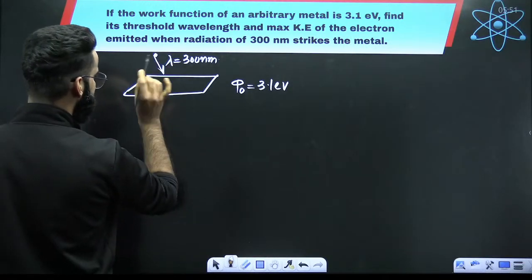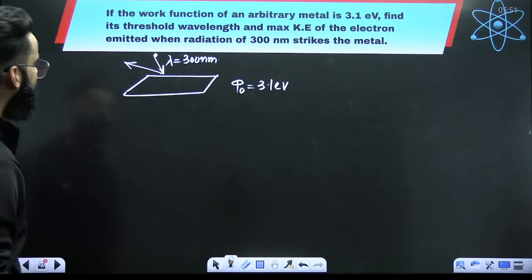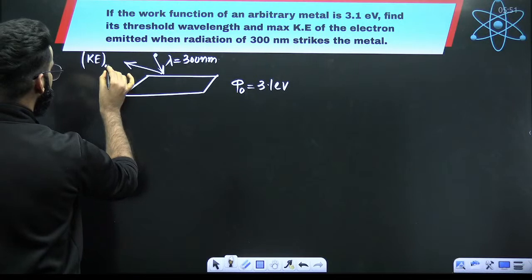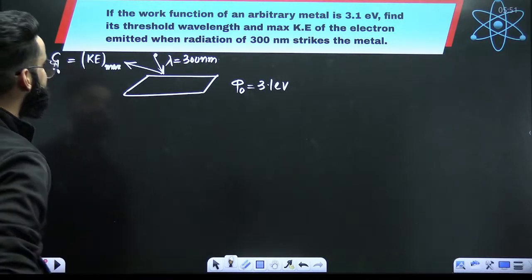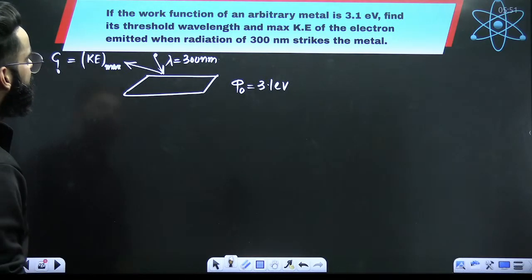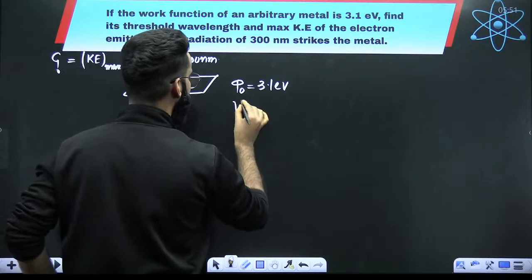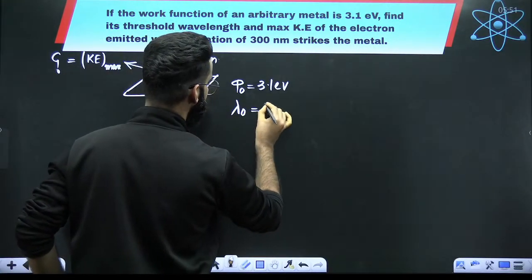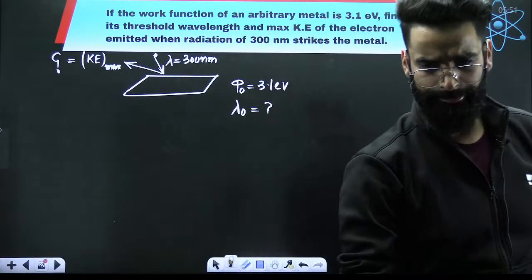When this light is falling on the surface, an electron is emitted. The electron will be emitted with some kinetic energy. We have to first of all calculate the maximum kinetic energy which the electron has. And at the same time, we have to calculate the threshold wavelength as well. Lambda naught also is to be calculated. So two things we have to calculate. I believe you can do it easily.